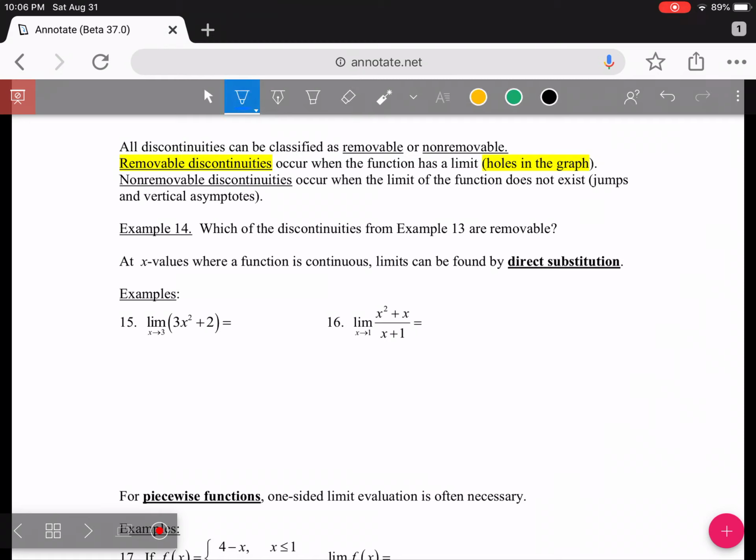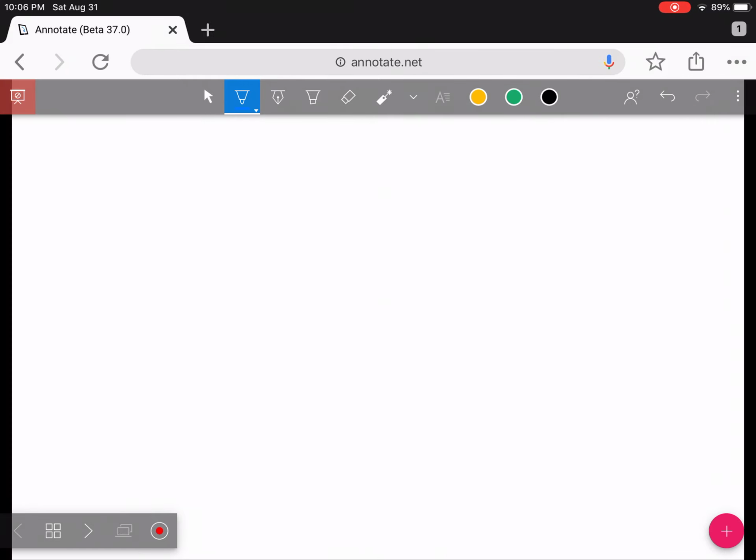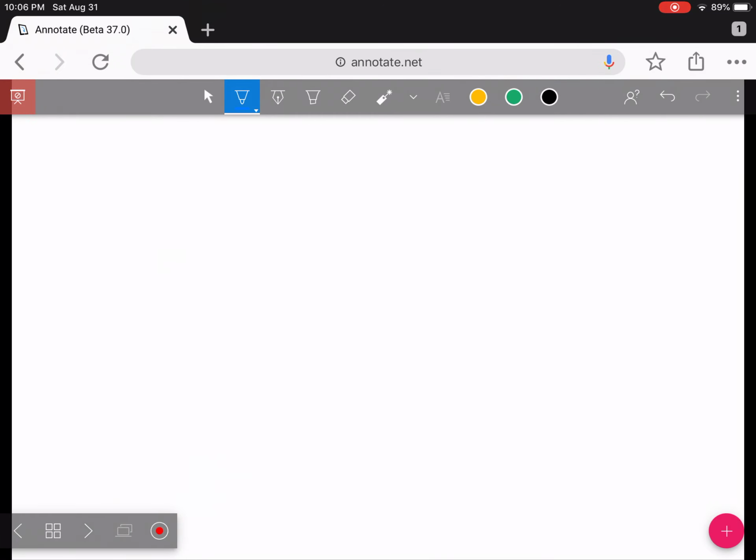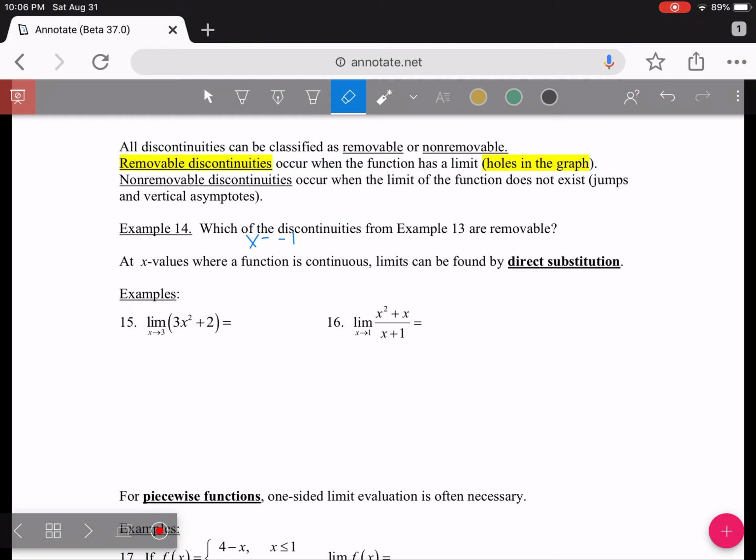And we said that was at x equals negative 1 and at x equals, was it 3 or 2? I can't remember. At 2. Okay. So at x equals 2. I got to turn my pen on. There we go. At x equals 2 and x equals negative 1.